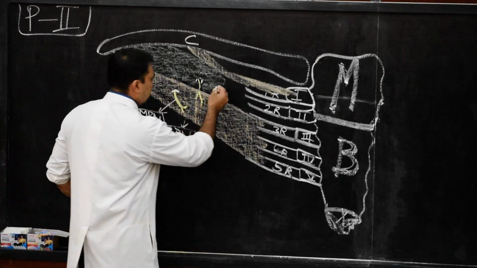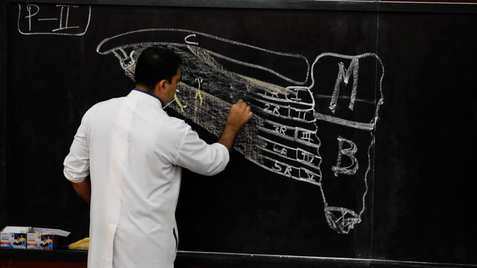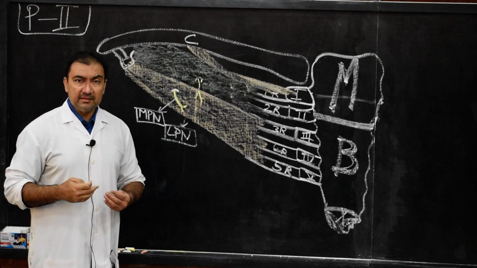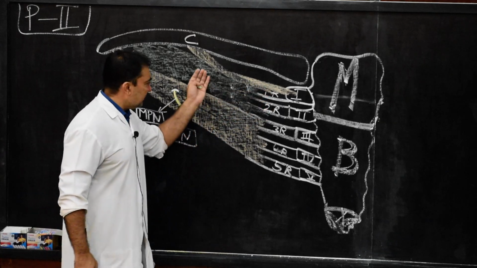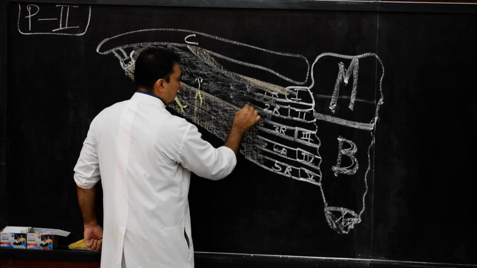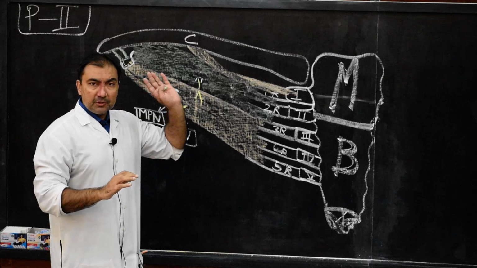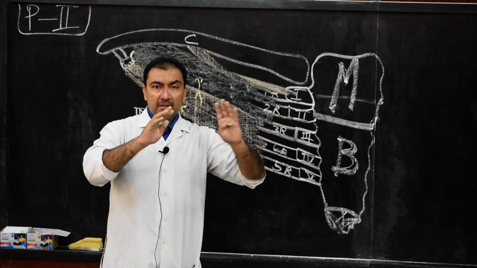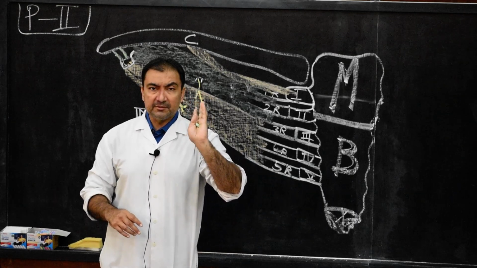Then medially, it will be attached to the anterior intercostal membrane of the upper two intercostal spaces. We will understand this during thorax. Very clear: laterally it is attached to the coracoid process and coracoclavicular ligament, and medially to the anterior intercostal membrane of only the upper two intercostal spaces.